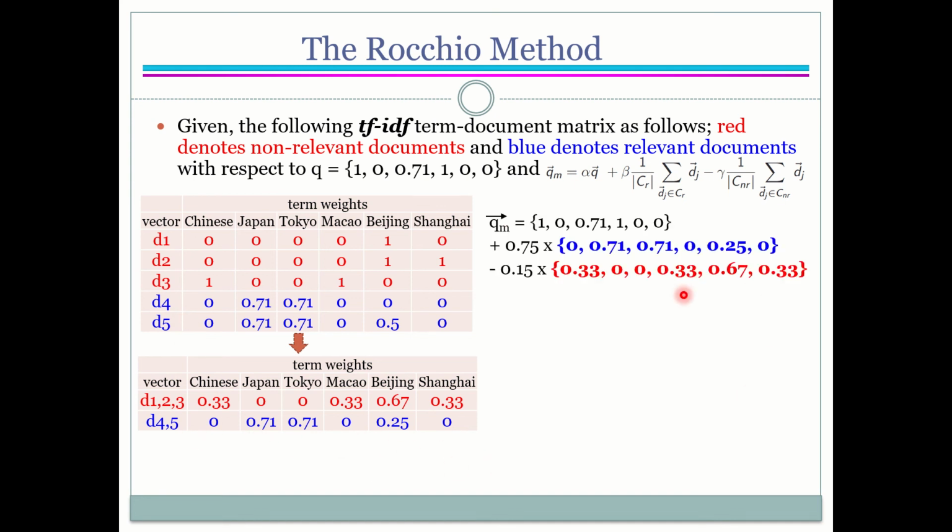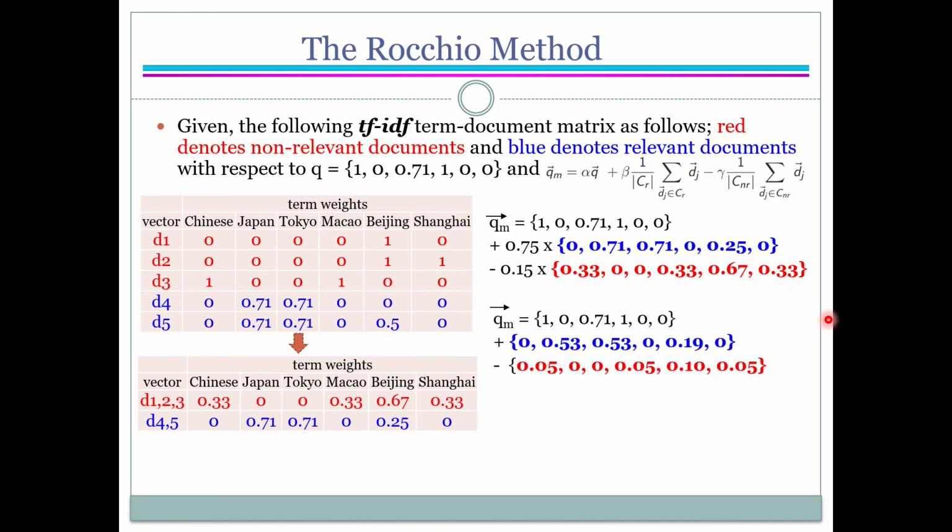So for the modified query, we take the initial Q and then add the vector of relevant documents and subtract the vector of non-relevant documents.